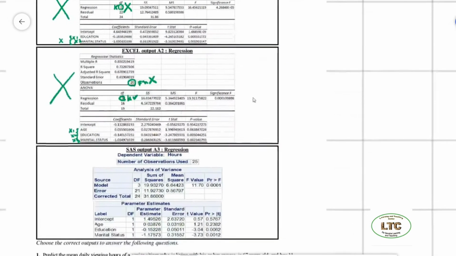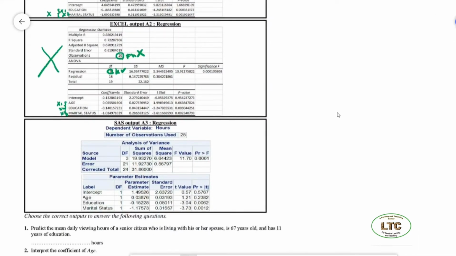The third one, a3, dependent variable hours, short name that is time, correct. Here k is 3, correct. x1, x2, x3, age, education, marital status, all correct. Therefore, we have to use this output.